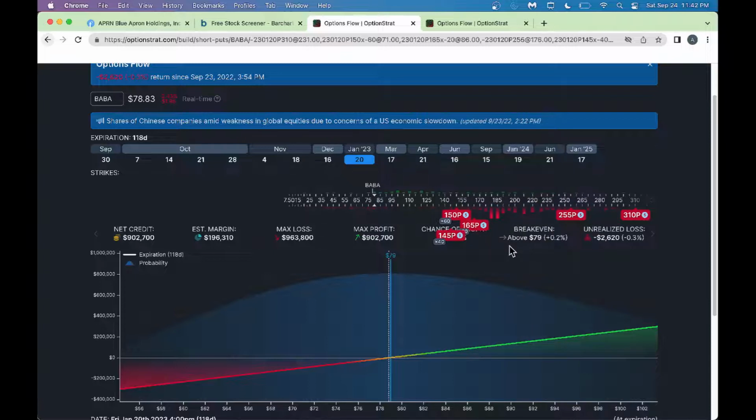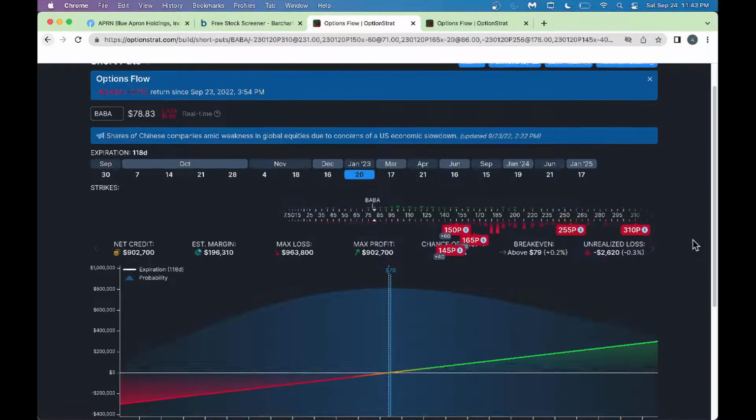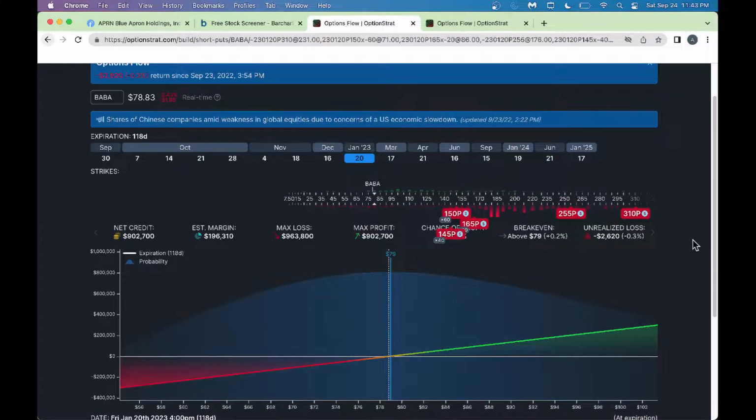They're really hoping that in 118 days, by January 2023, Alibaba will bounce back nicely. That's why this is really a big trade here. Not too sure why somebody would sell so many put options so far out.